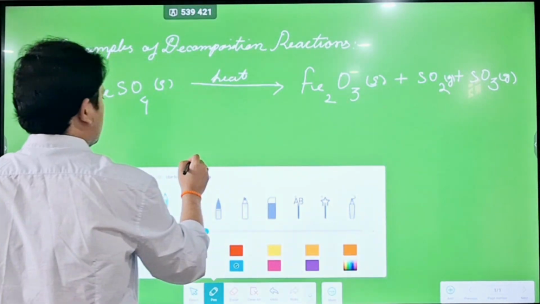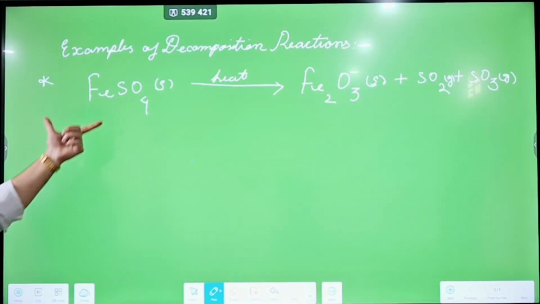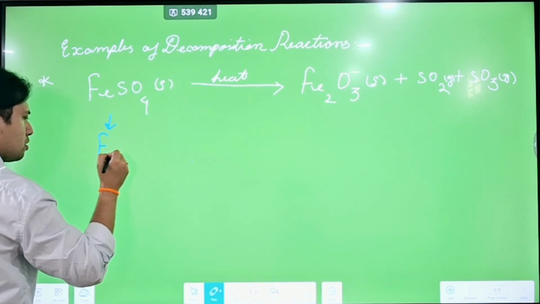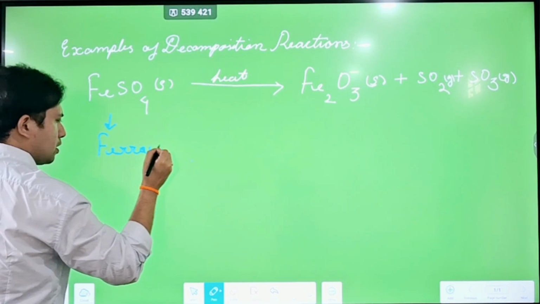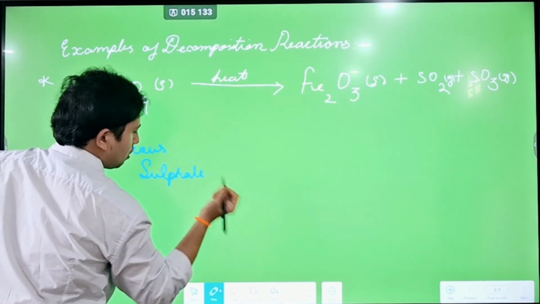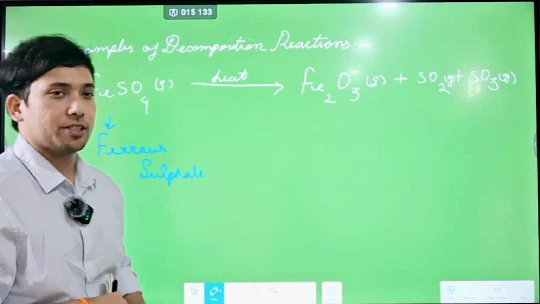Okay, let us see. In this reaction, FeSO4, which is commonly known as ferrous sulfate, is undergoing a reaction with the help of heat.